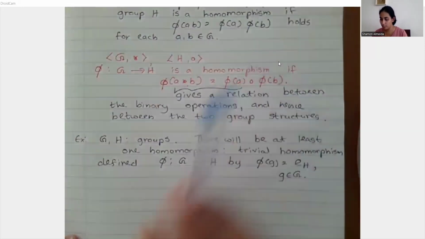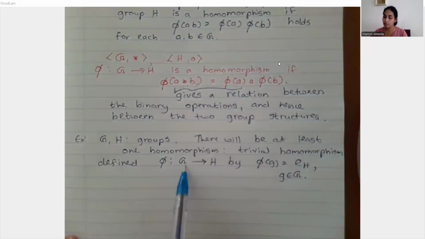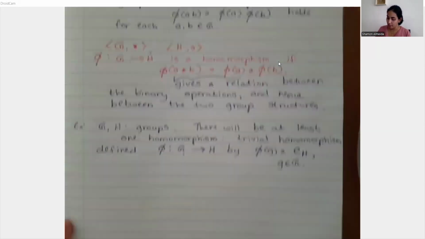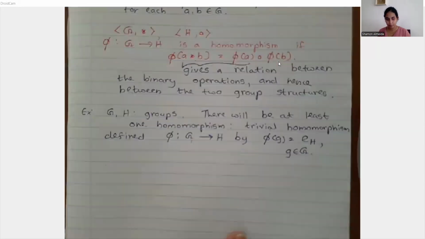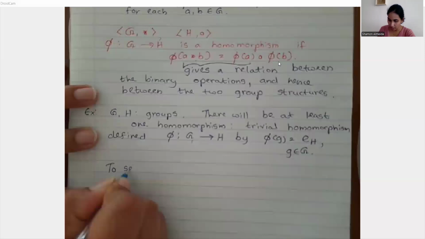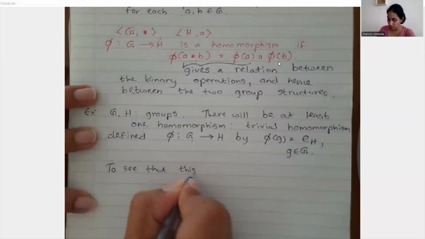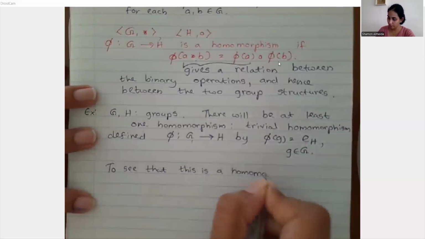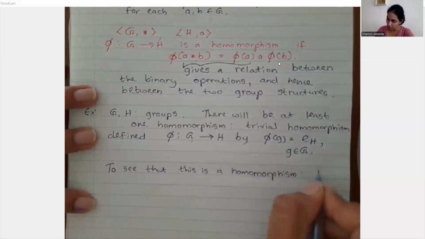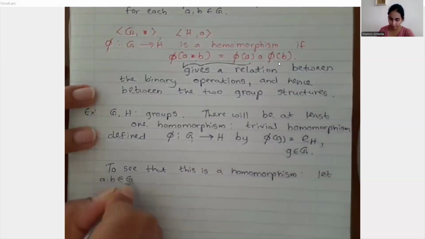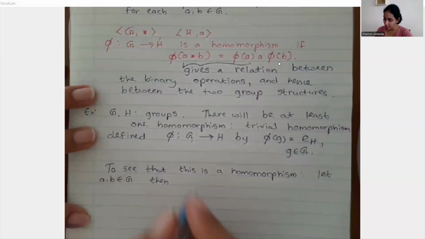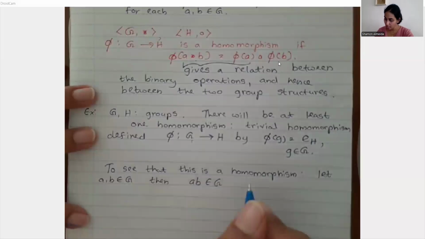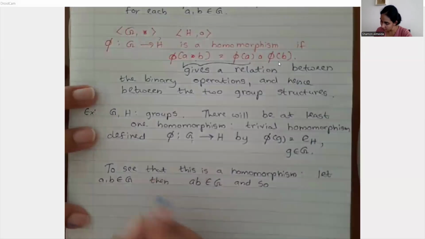For any two elements A and B that you take from G, we should be able to show that phi of AB is equal to phi of A times phi of B. Let's take A and B from G. Because G is a group closed under its binary operation, AB is an element in G. And so by definition of this phi, we have phi of AB equal to the identity of H.